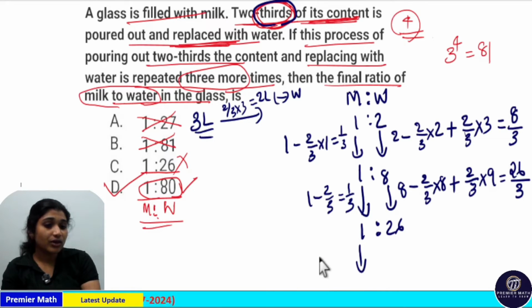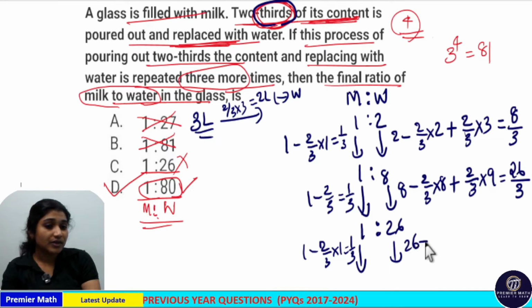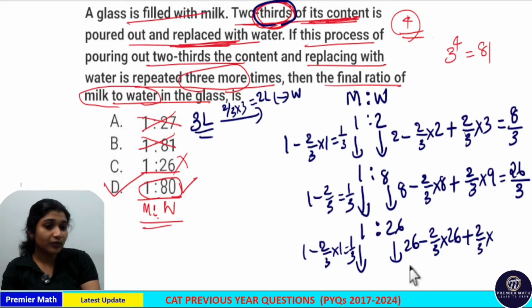Again, you are replacing. And here you take out 2/3 of 26, and you add 2/3 of the total mixture 27.